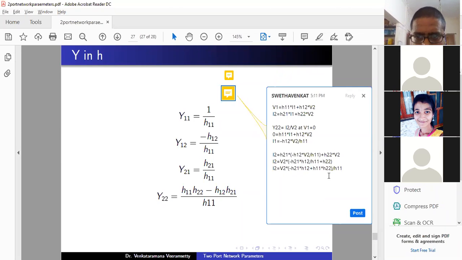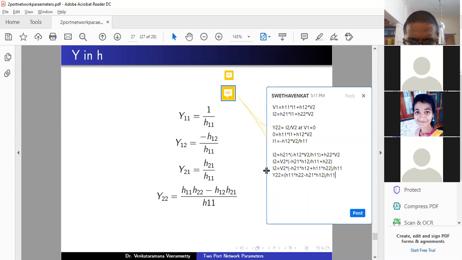So based on our definition, Y22 equal to I2 by V2. That's equal to H11 into H22 minus H12 into H21, divided by H11.